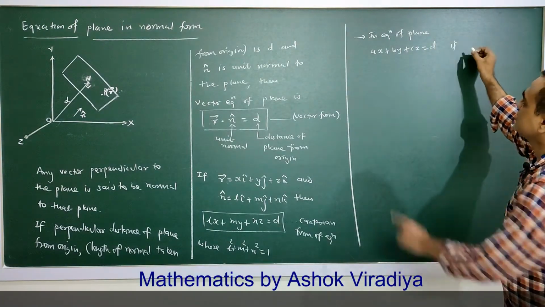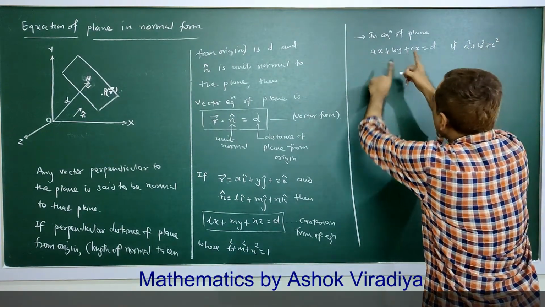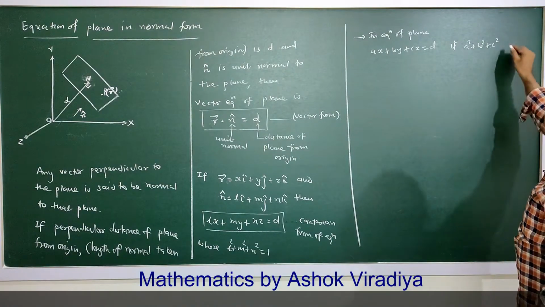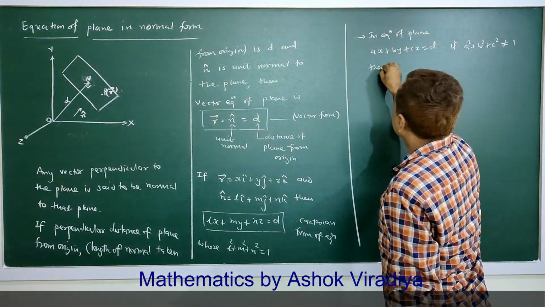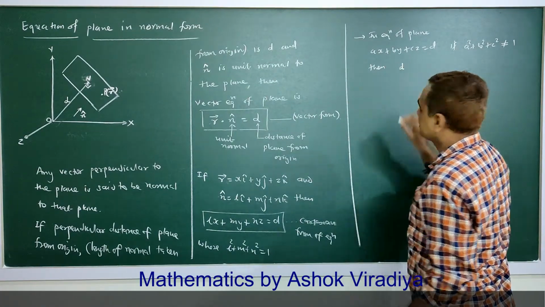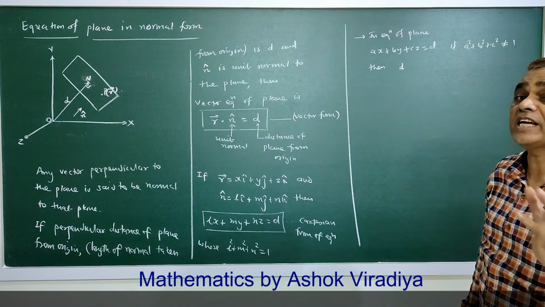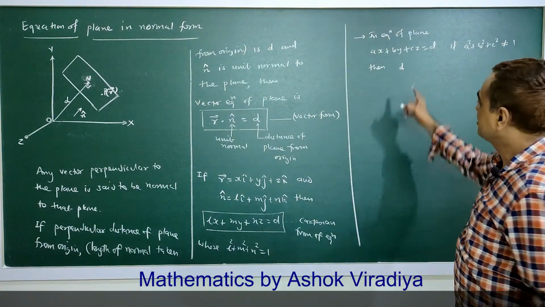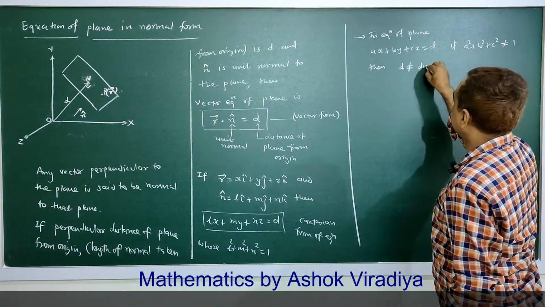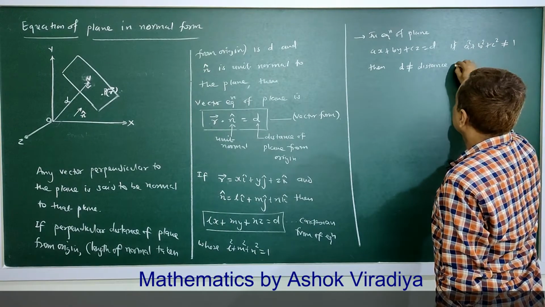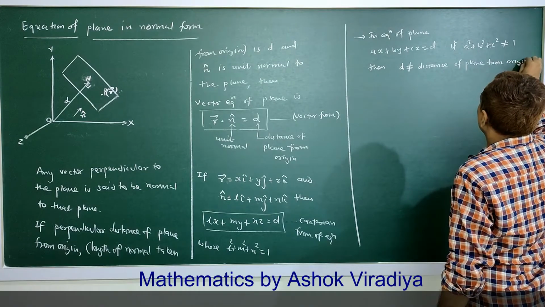If the sum of squares a square plus b square plus c square is not equal to 1, then in this equation d does not represent the distance of plane from origin.